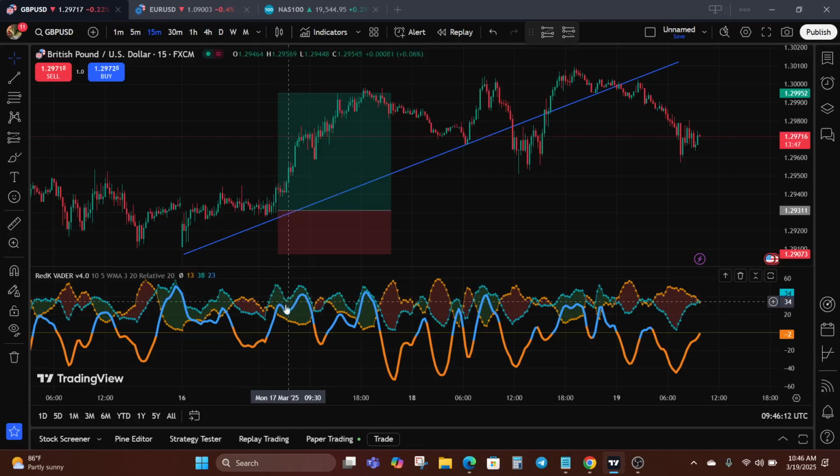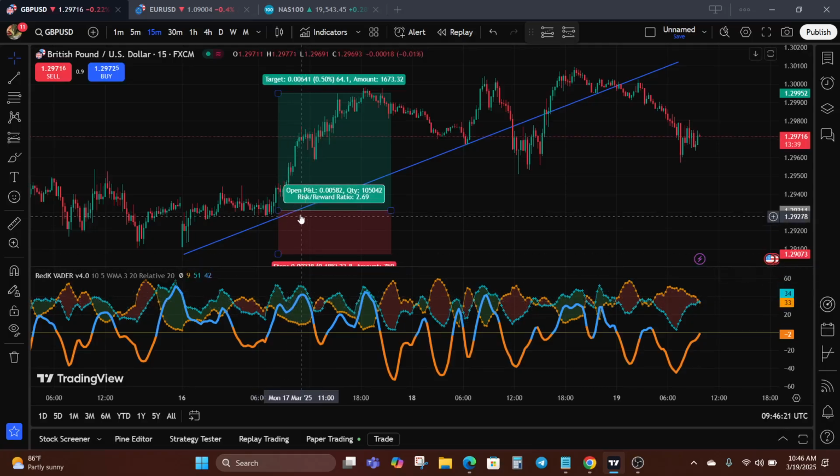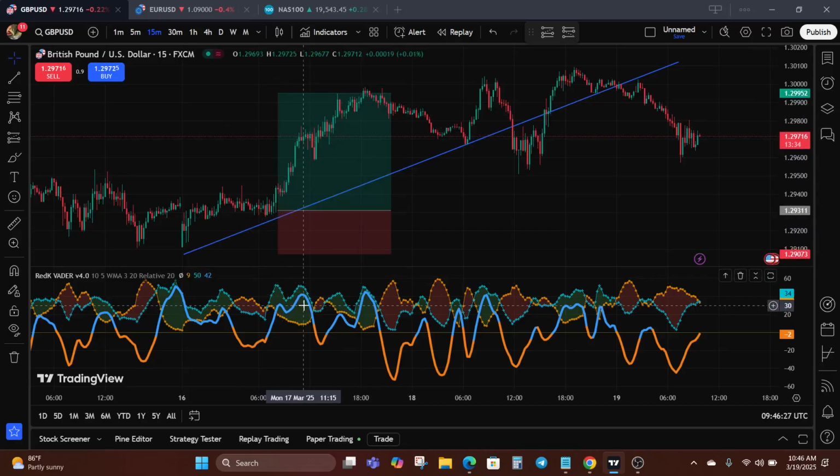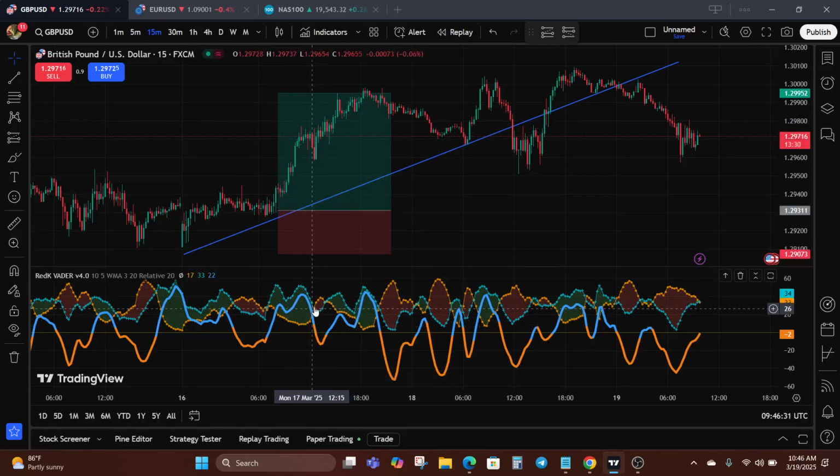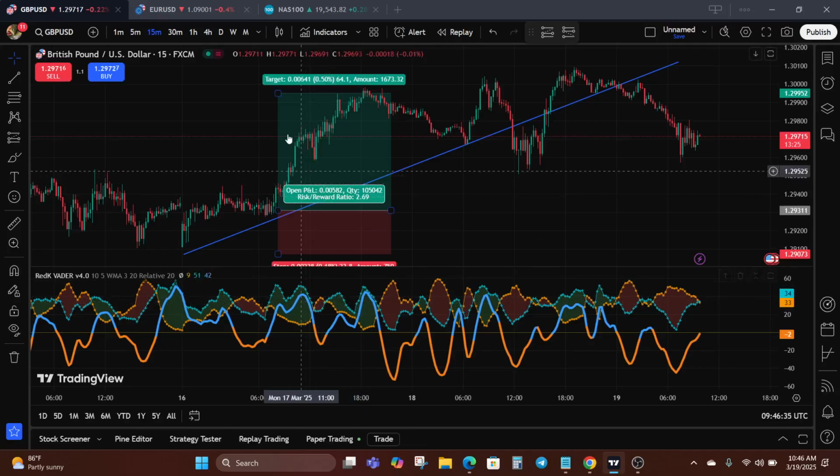So when this area is shaded light green like this particular color, then you know that there is actually some bullish momentum, and you will see that it was at the same time that we had this bullish move to this point. Then when the orange comes to the top, it shows that there is bearish momentum, and that was where we had this pullback, as you can see.